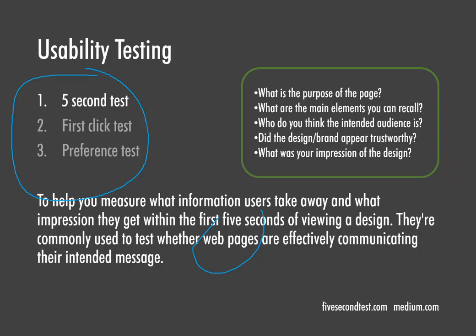Those are mostly used in web app and screen interface designs. These are the 5-second test, the first click test, and the preference test. Those are pretty simple actually. You can do them very easily, I promise.